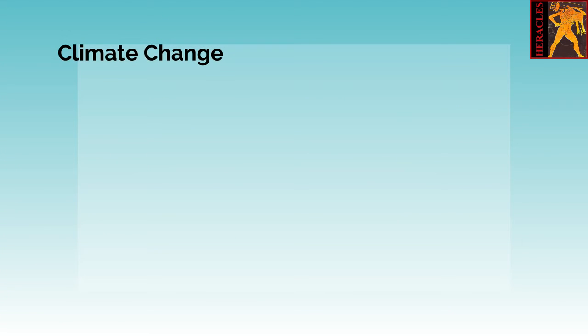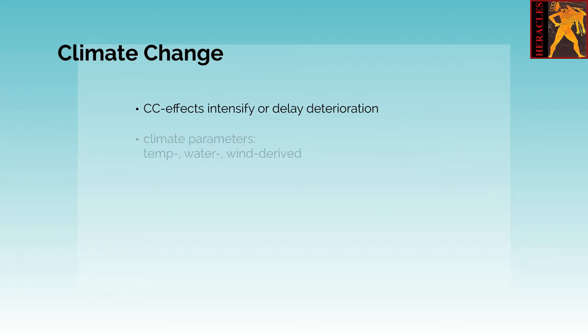Not only air pollution has a negative effect on built heritage, also climate change has a significant influence. While some effects of climate change accelerate and intensify deterioration, others delay it. As we have already heard, and as we will hear again, humidity or precipitation plays a significant role. The main climate parameters affecting cultural heritage can be grouped as temperature, water, or wind-derived.